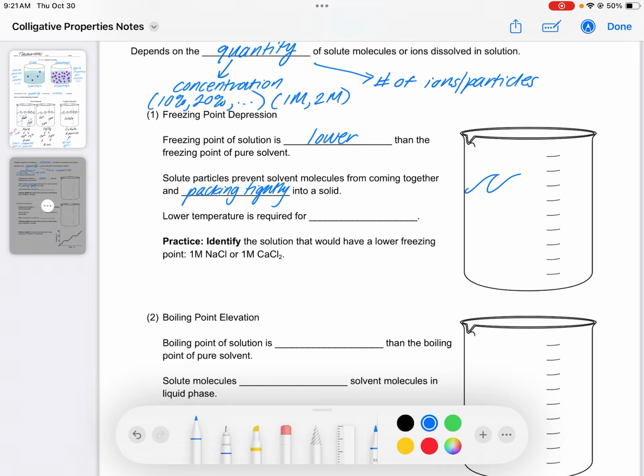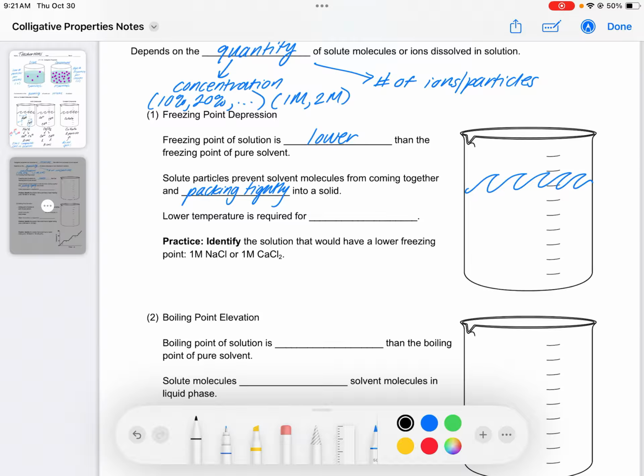So if I have a solution here, and let's say this is just water, when this water begins to freeze, the water molecules need to come together, form intermolecular forces, and they need to be able to get packed closely together.